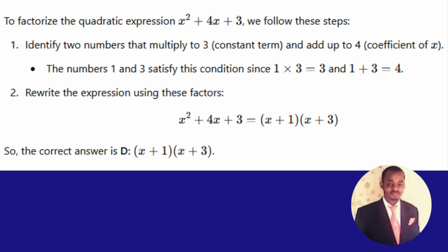First we identify the two numbers that multiply to 3, the constant term, and add up to 4, the coefficient of x. The numbers 1 and 3 satisfy this condition, since 1 times 3 equals 3 and 1 plus 3 equals 4. So we rewrite the expression using these factors. The correct answer is D, and that's why we choose D.